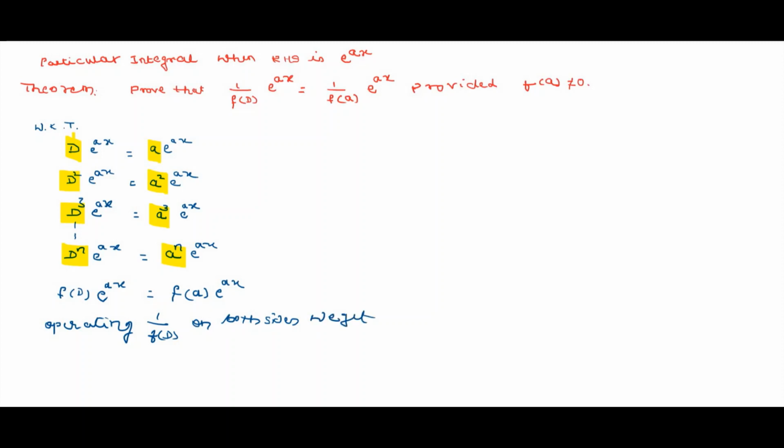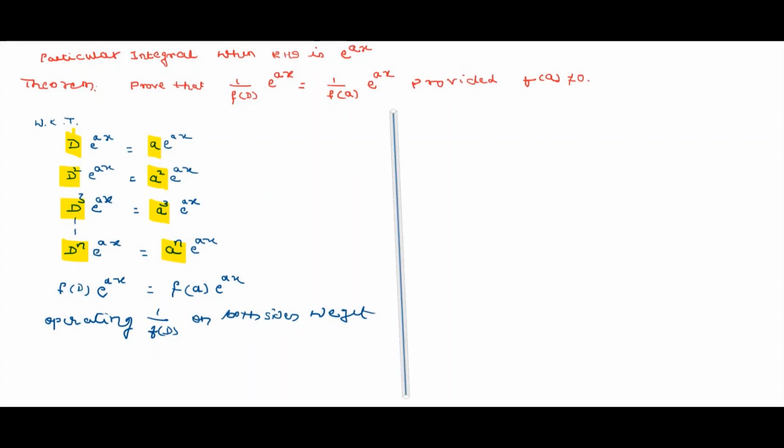We get here, operating 1 divided by f of D means this is 1 divided by f of D, and then the remaining term is f of D into e raised to ax, means multiplying with 1 divided by f of D to the previous equation, and that is equal to 1 divided by f of D into f of a into e raised to ax.